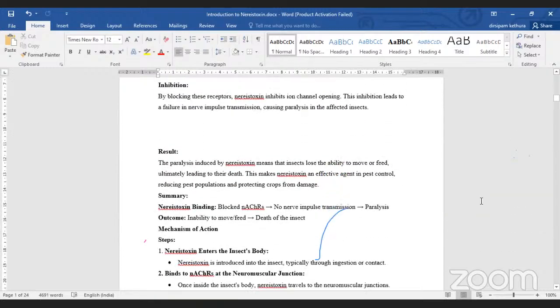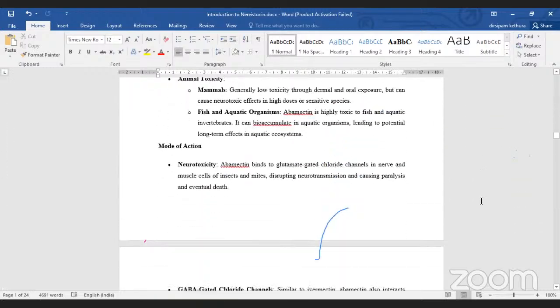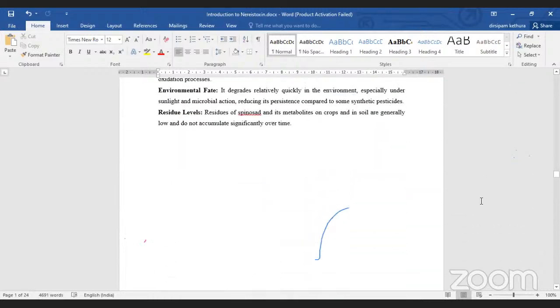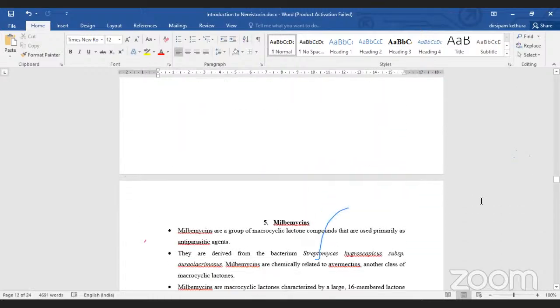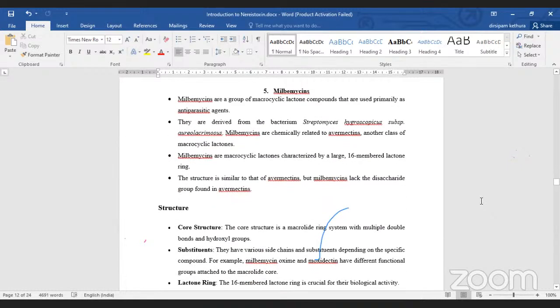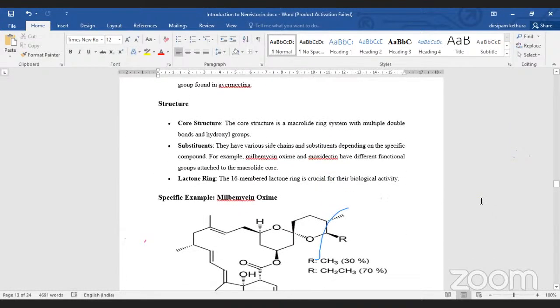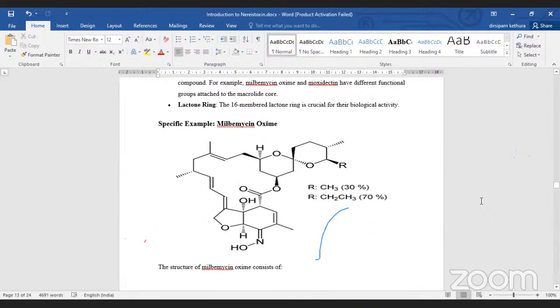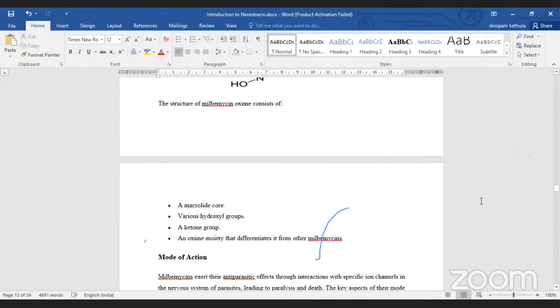So now we have completed this. It's difficult to remember the structural formula. That's very difficult. But as you're studying toxicology, you need not draw the structure. You could ignore the structure, but try to remember the molecular formulae.